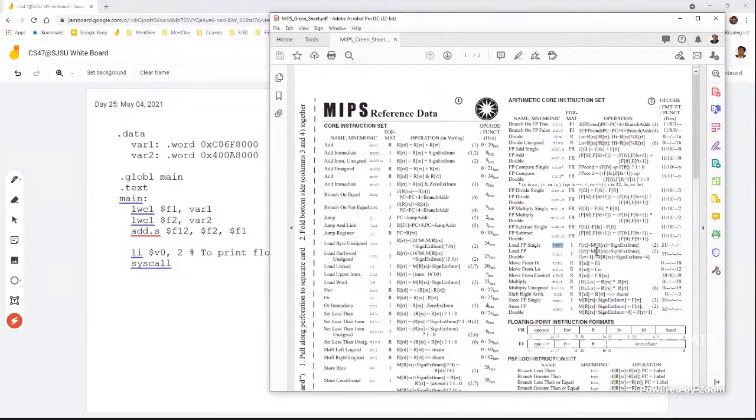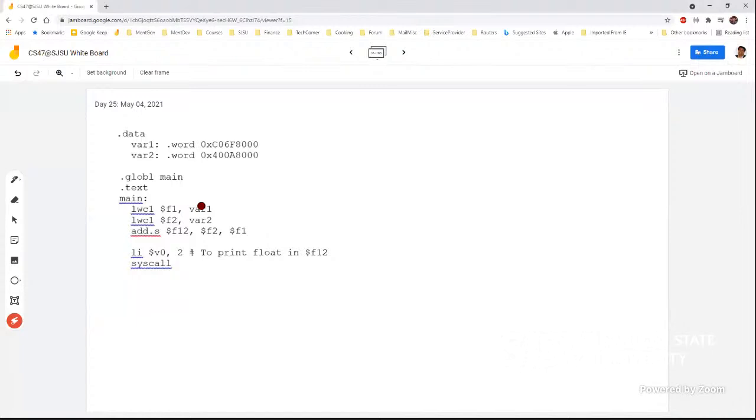It's basically a load word operation, but instead of loading into the main processor, it loads into coprocessor 1, onto the target register. So it reads from this memory location and loads into the coprocessor register $f1. This bit pattern will be loaded into $f1, and then this bit pattern will be loaded into $f2.